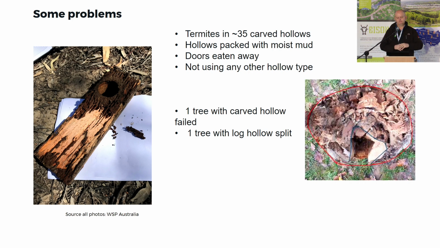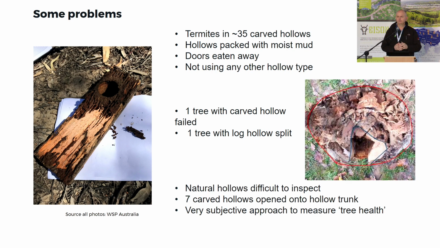Another one split just naturally, and it had a log hollow in it, so the failure of that tree was not because of the hollow type. And as I said before, the natural hollows are very difficult to inspect in the same objective way. We've also got a very subjective measure of tree health. We're working with arborists, and arborists tend to not be very objective or quantifiable when they're assessing tree health.